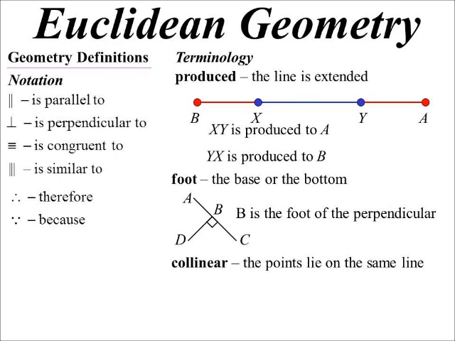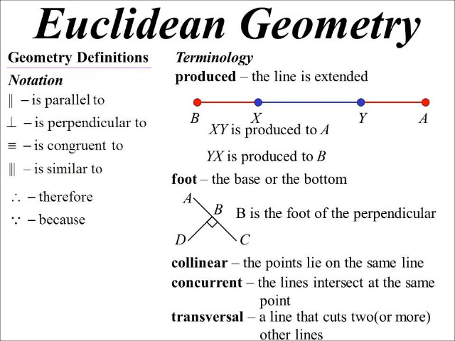So points that lie on the same line. Concurrent lines go through the same point. A transversal is any line that cuts two or more other lines. We most commonly see that in our parallel line problems, where you see a line coming through and cutting a couple of parallel lines.